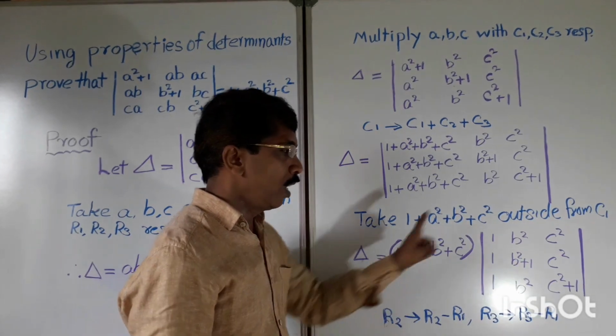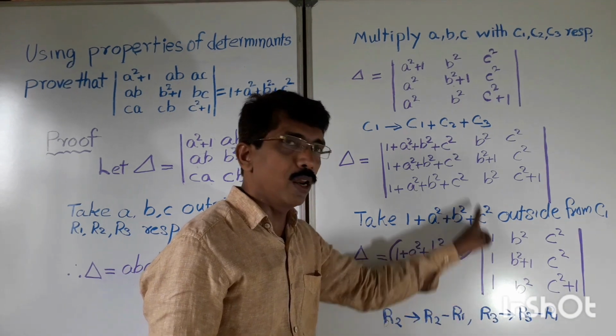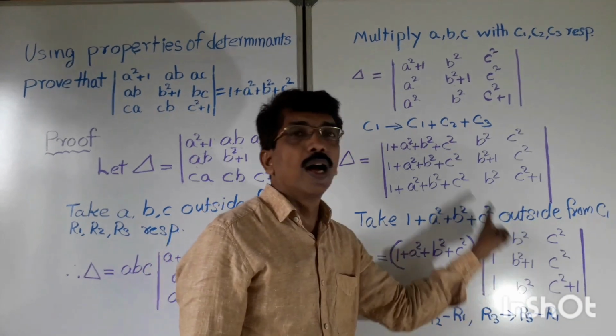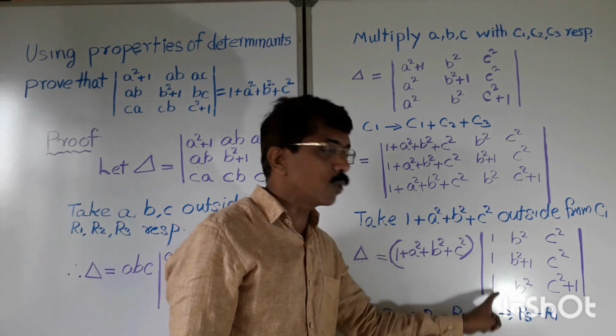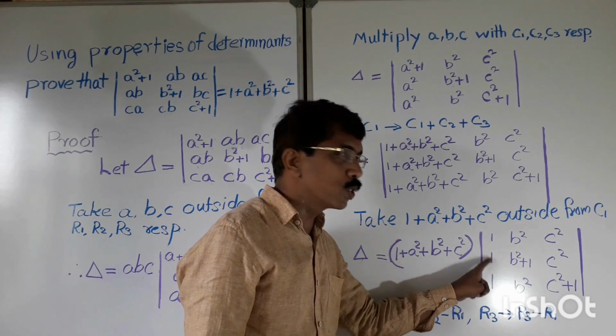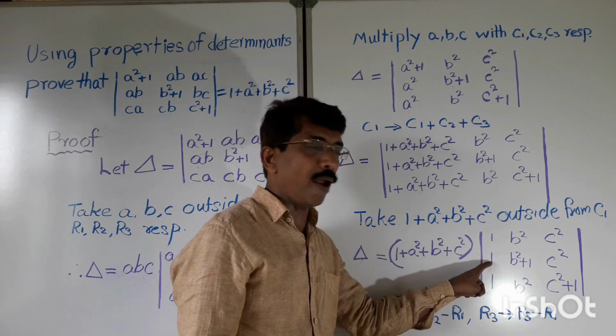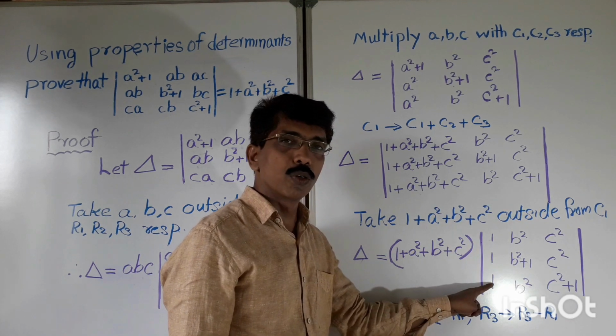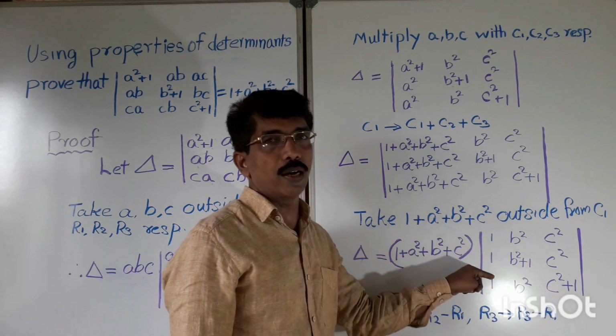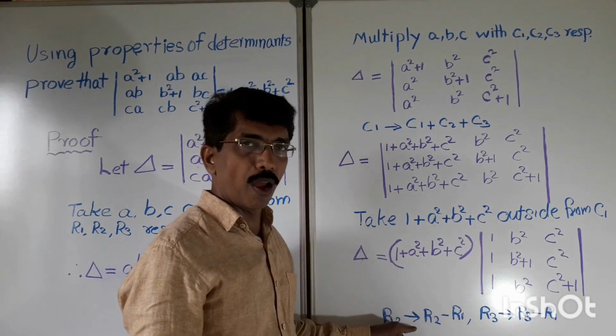Now you listen, if 1, 1, 1 come in C1 or R1, the problem becomes pretty much easier. How can you make this one and this one 0? By subtracting 1 from this one and this one from this one. So we can change it. What is the property we have to apply?